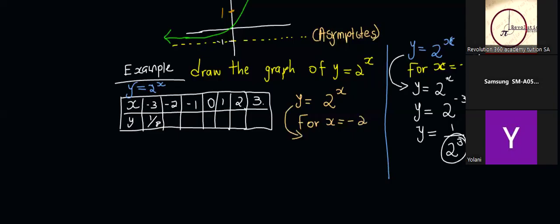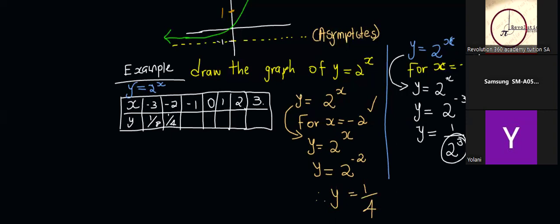In the place of x, you substitute -2, so you have 2 to the exponent of -2. Without wasting time, 2 to the exponent of -2 is the same as 1 over 2 squared, which gives us 1 over 4. If you don't know this, you can punch it into the calculator and you'll get the value. So here we get 1 over 4.